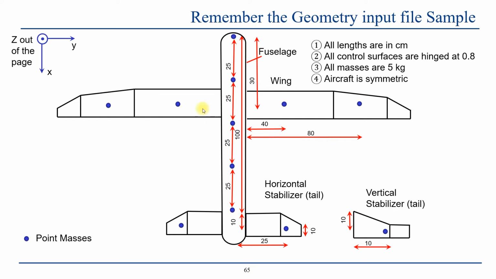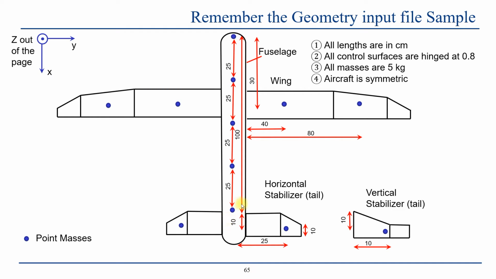Something to keep in mind is that in the AVL geometry file, you were able to only define half of the aircraft and then mention to the AVL that your aircraft is symmetric. So AVL would create the other half for you. However, for the mass distribution, you cannot do that, and you have to recreate all the point masses manually.